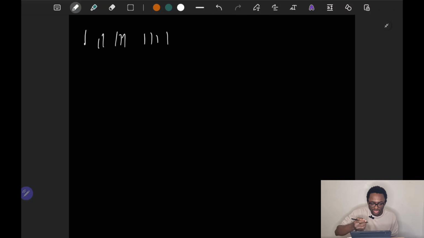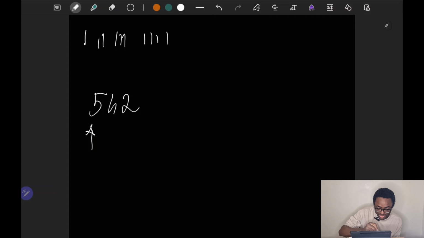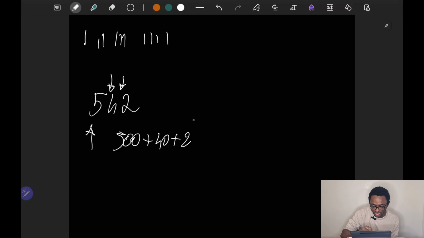So for example, if I want to represent the number 542, I can write it like this, and when I read it, I know that this position is hundreds, so this is 500, plus this is tens, so it will be 40, plus this is ones, 2. So just with these 3 digits, I know that this number represents 542.